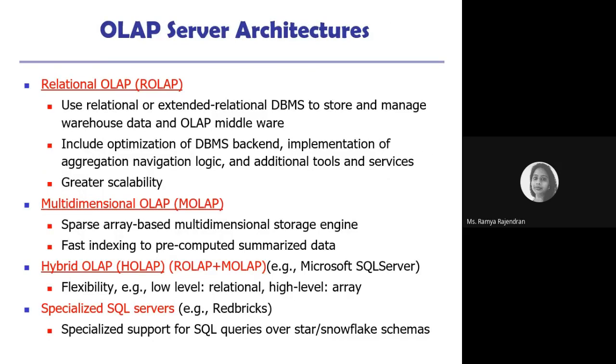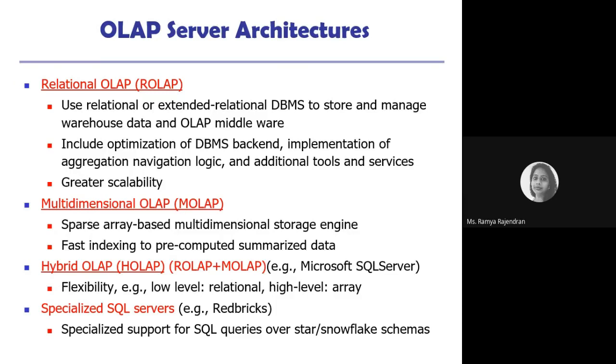The final thing is that there are different OLAP server architectures available. Relational OLAP is nothing but your relational database management system or extended RDBMS, where you'll have your data warehouse as well as OLAP middleware, and then you can go and do all your things.